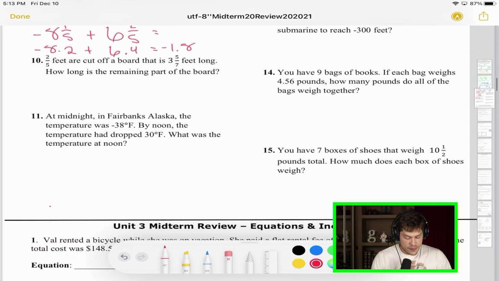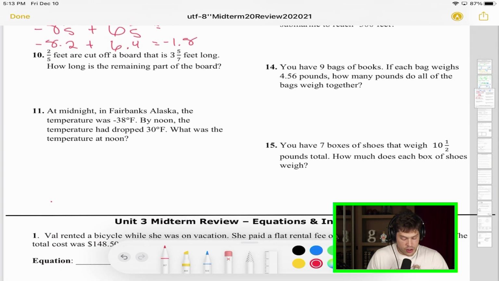Number 10. 2/5 feet are cut off a board that is 3 5/7 feet long. How long is the remaining part of the board? Okay, so we need a common denominator. Our common denominator is going to be 35. 2 times 7 is 14, so 2/5 is 14 35ths.